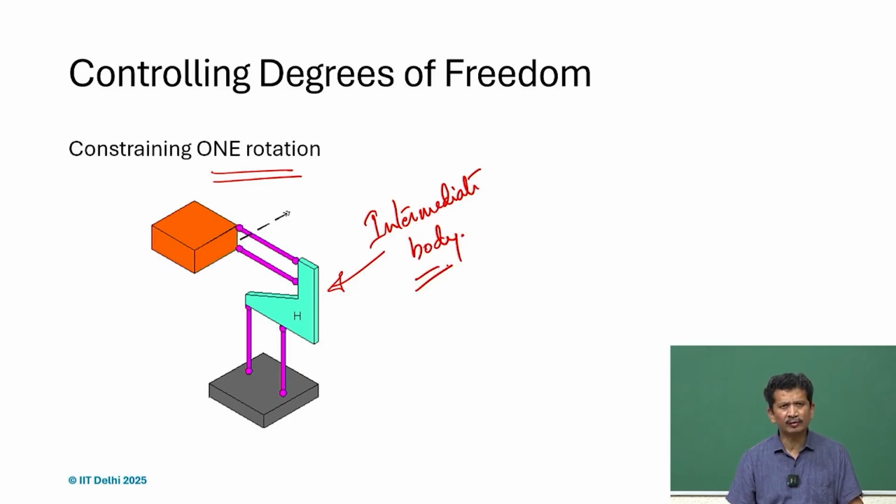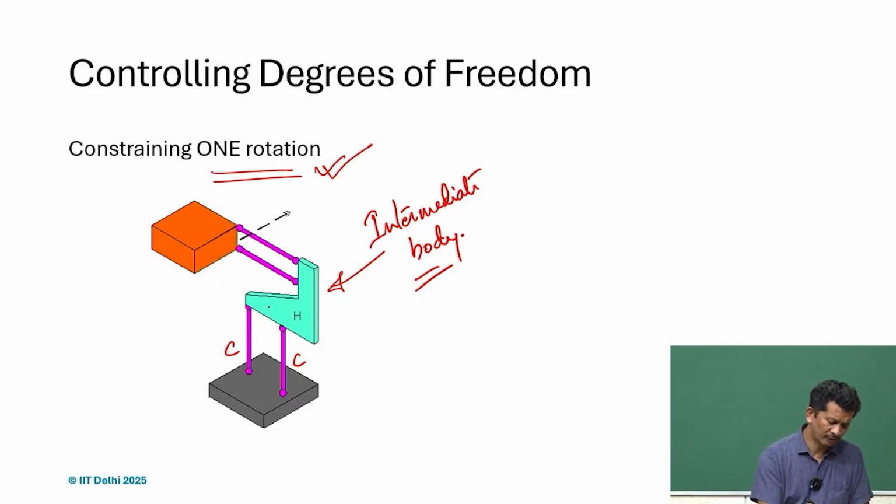What happens when we use constraints in parallel? They constrain the rotation, but the problem is they also constrain the translations. If we just want to constrain one rotation, we have to release that degree of freedom.